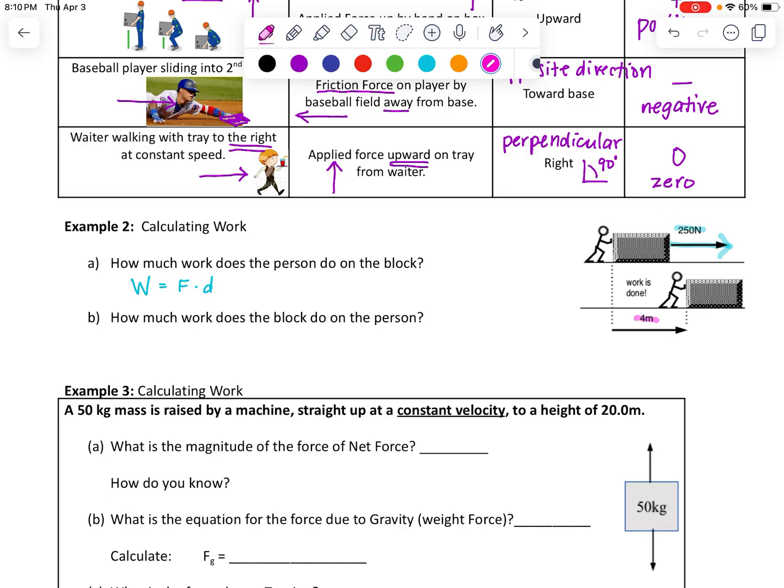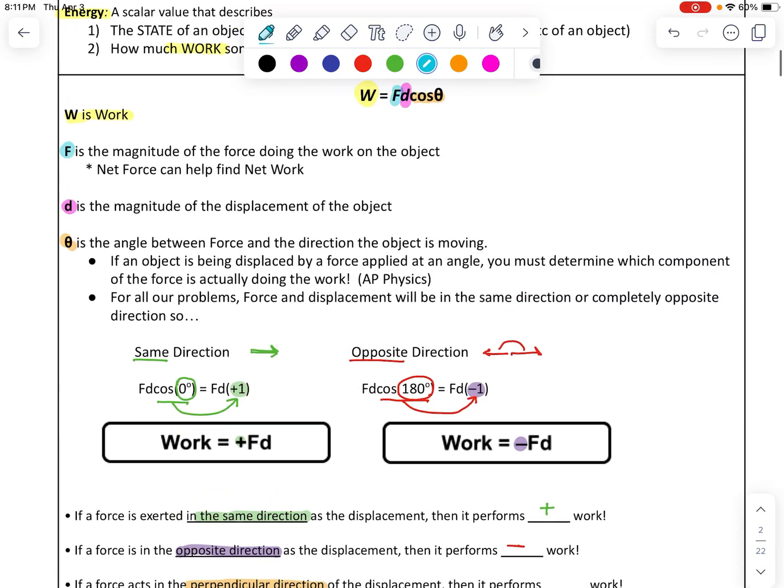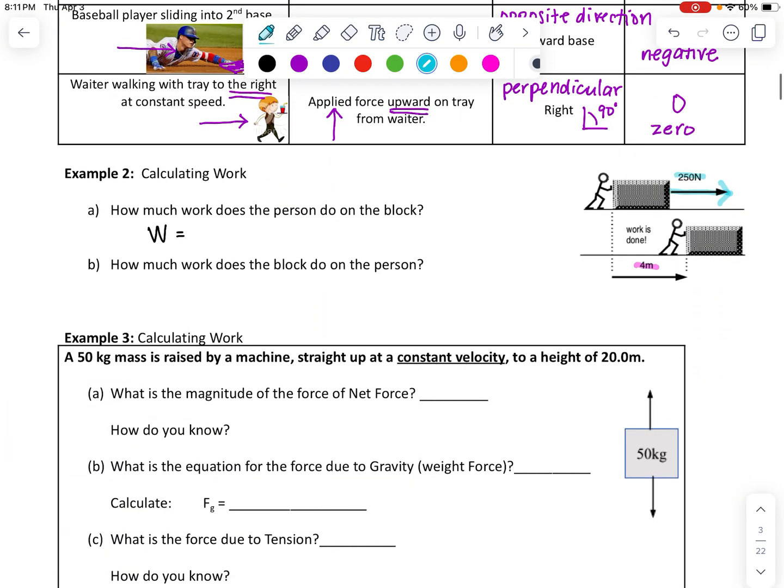Hold on, sorry. I'm going to erase this and make sure that we use our color coding. Work is equal to the force, which is blue, times the displacement, which is pink.